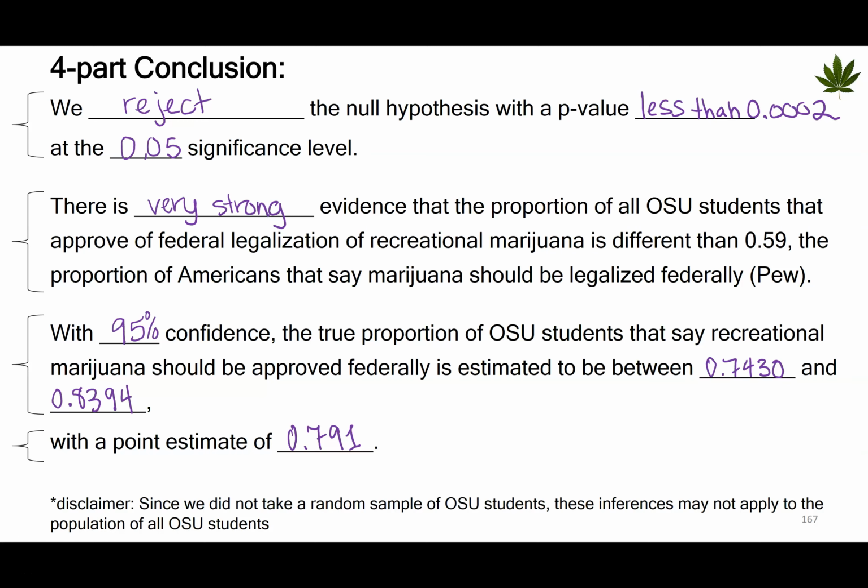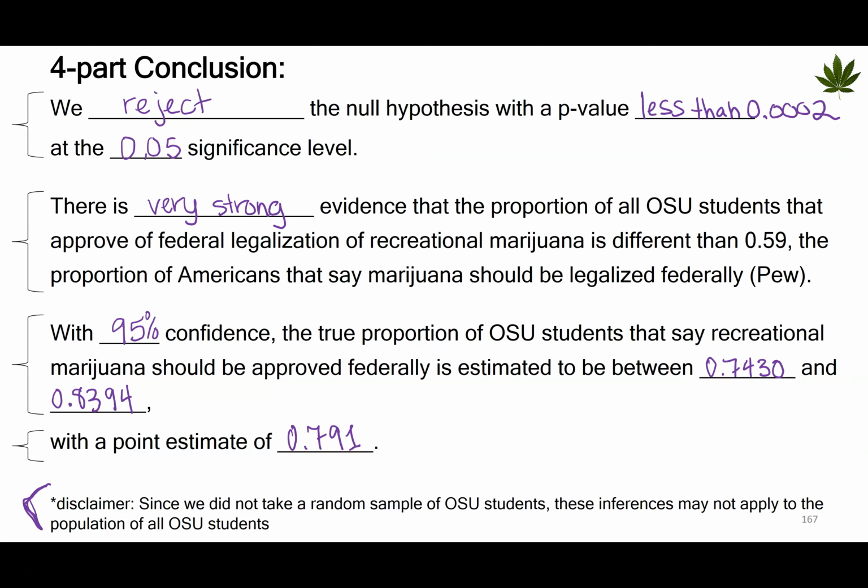Note here, though, I'm throwing in a disclaimer. Since we did not take a random sample of all OSU students, these inferences may not really apply to all OSU students. Whether or not they apply to all stats students, that's a whole other question. They probably don't, though. It definitely, 100% was a convenient sample.